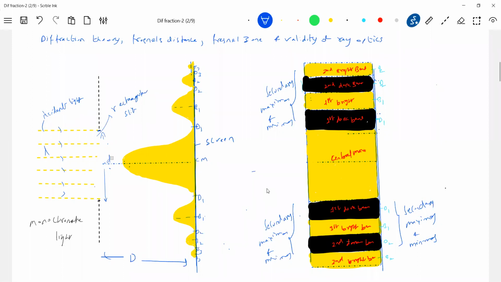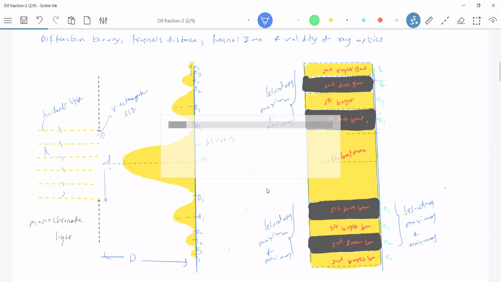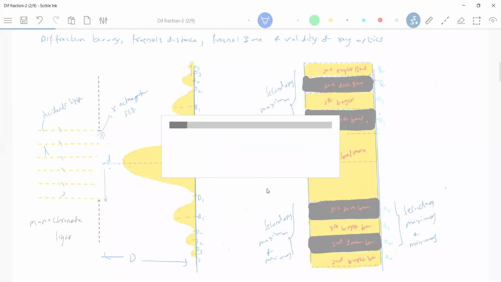Okay, I'll leave this. We'll do one thing. So what is the angular position? Oh, I need this one.